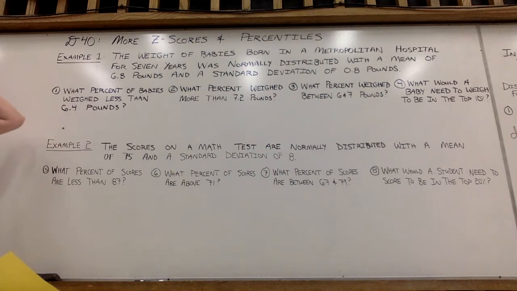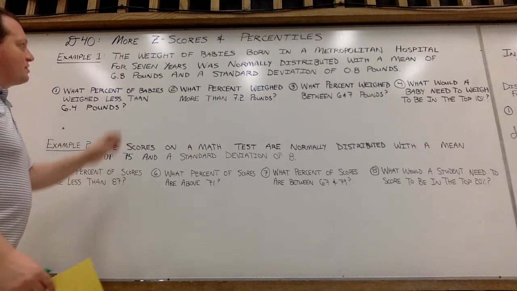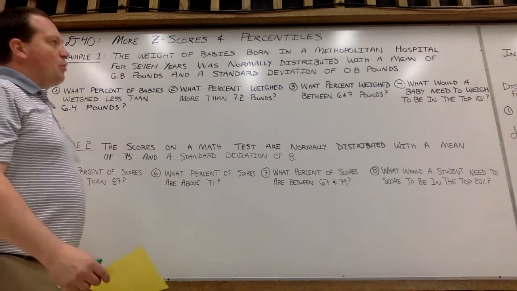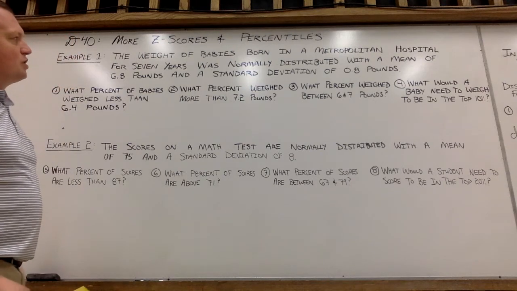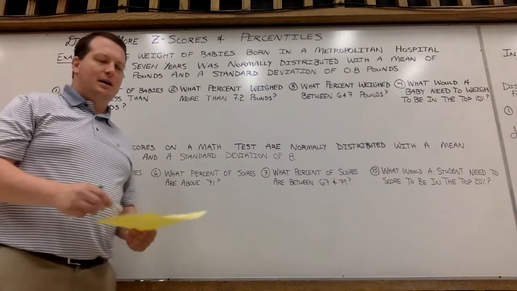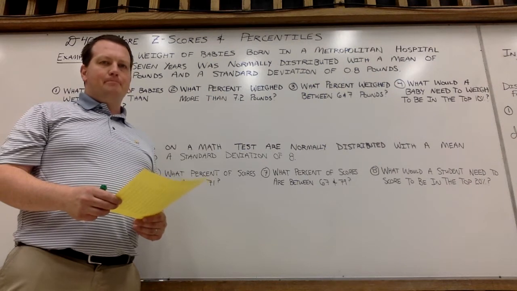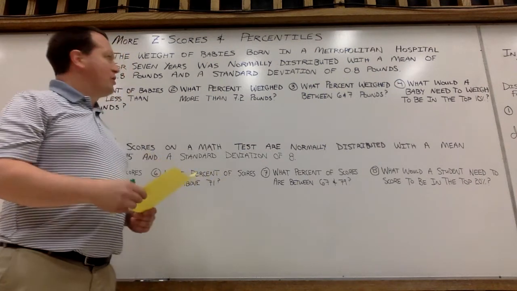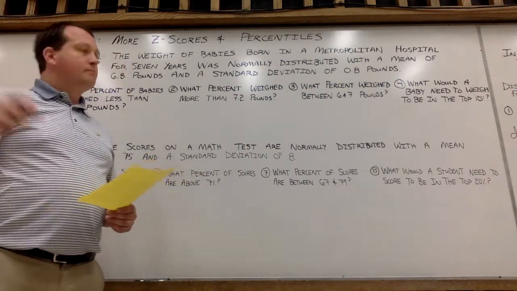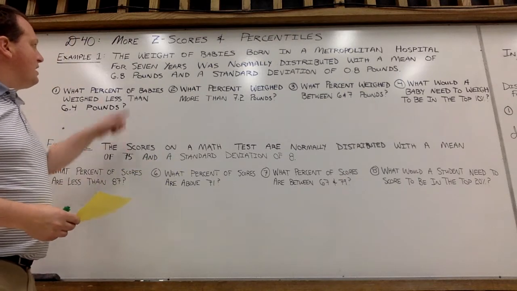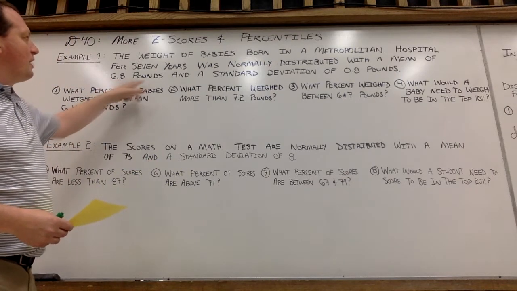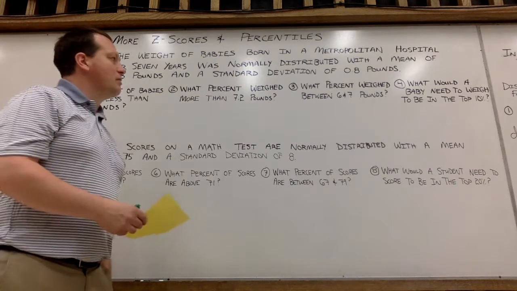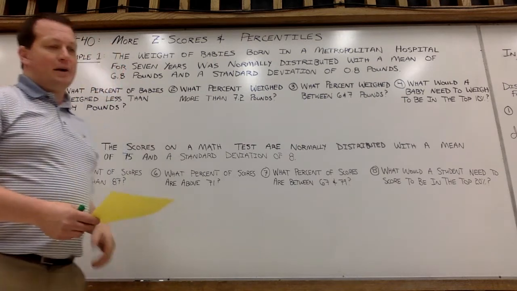First example, we are going to see here that over a 7-year period, the weight of babies born in a metropolitan hospital was normally distributed, meaning it had values, measurements that followed that bell-shaped curve. And the mean, the average weight was 6.8 pounds and a standard deviation of 0.8 pounds.